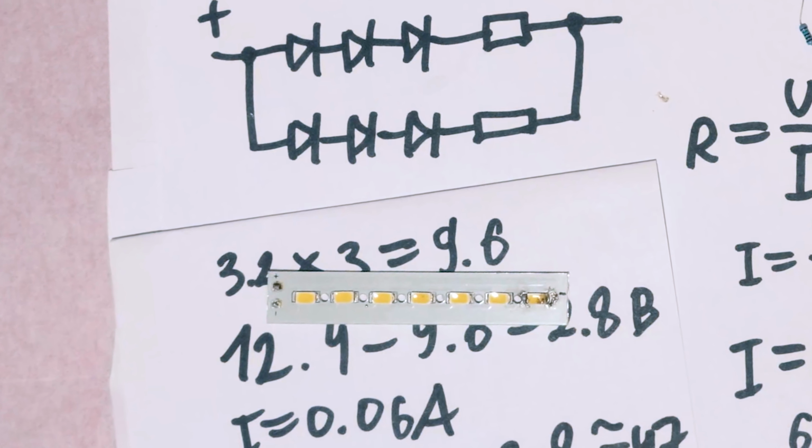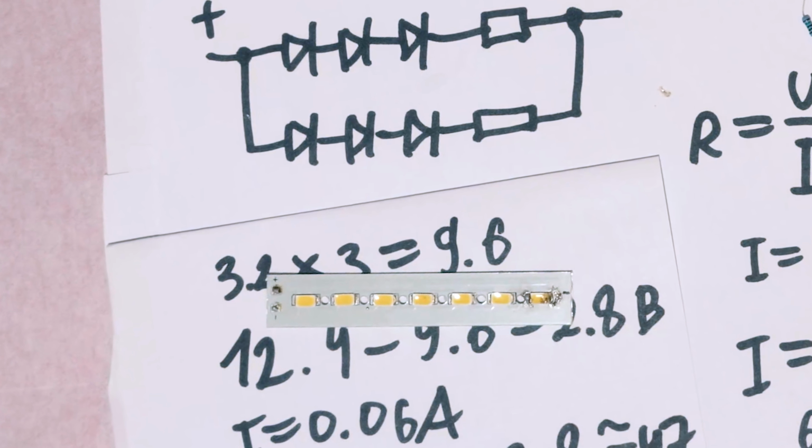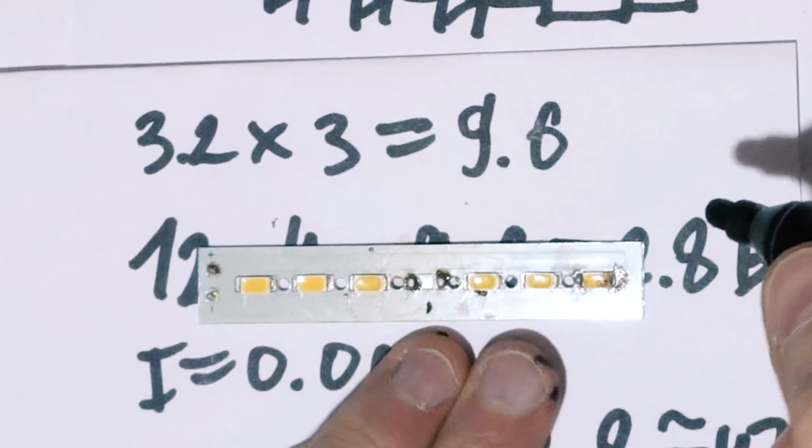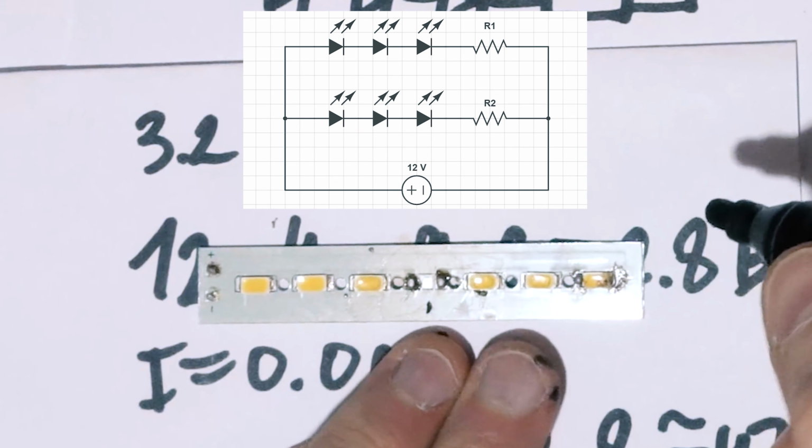We got one extra LED here that we have no use for. Let us just unsolder it. Good. Now, according to our schematics, we are going to wire these two positives together, put resistors here, and also wire them together to connect them to the negative pole of the power supply.